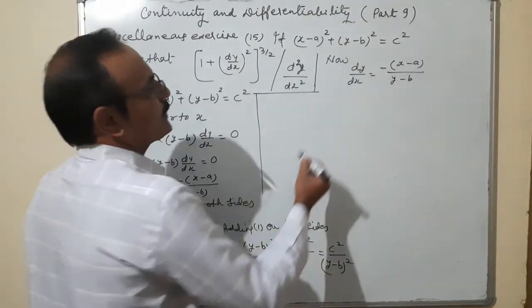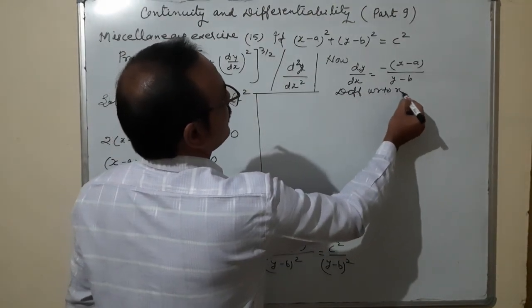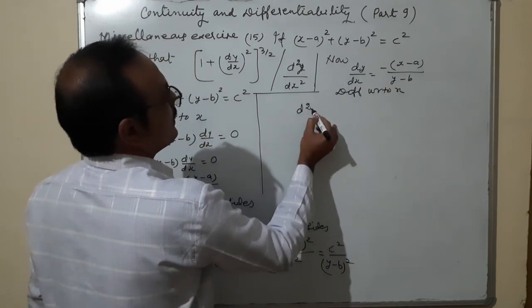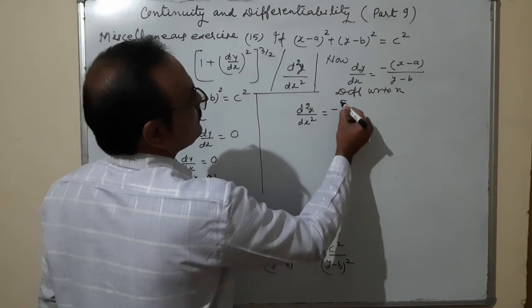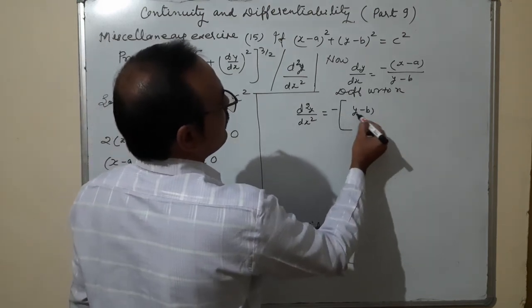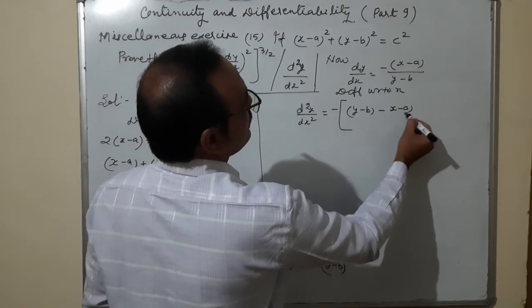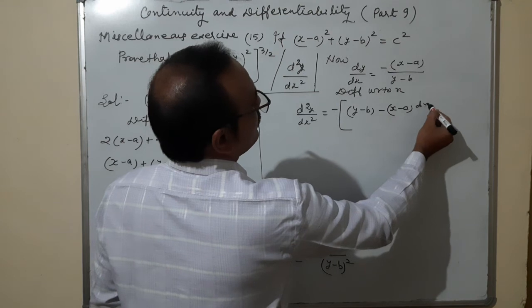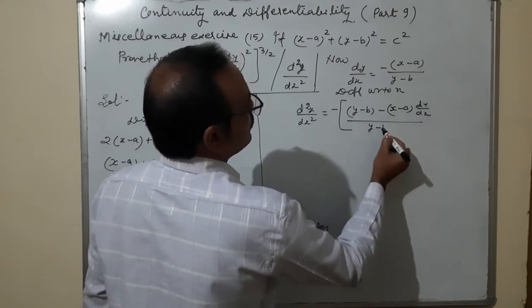Differentiate with respect to x. So it comes d square y by dx square is equal to minus sign, denominator times the differentiation of numerator, that is 1, minus numerator times the differentiation of denominator, dy by dx, upon (y minus b) whole square.